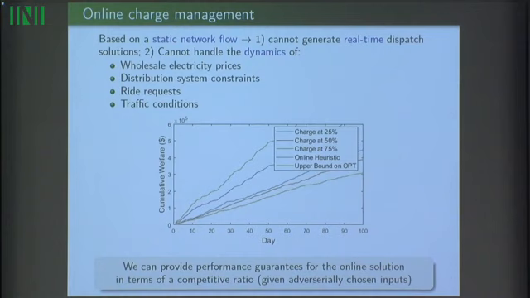And so another thing, for example, we have tried is an online charge management technique that is deciding in real time where to route the vehicles and whether to charge them or not. And we have compared the performance of our online algorithm against the offline solution that knows everything about the problem in advance, and we can't really solve the offline solution. It's a huge integer program. So we're showing you an upper bound in this case.